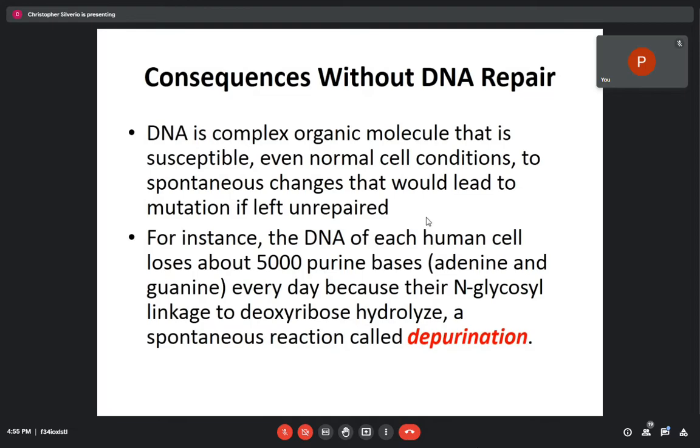For instance, the DNA of a human cell loses about 5,000 purine bases, adenine and guanine, every day because their N-glycosidic linkage to the deoxyribose is hydrolyzed. In other words, class, because the N-glycosidic bond is destroyed.